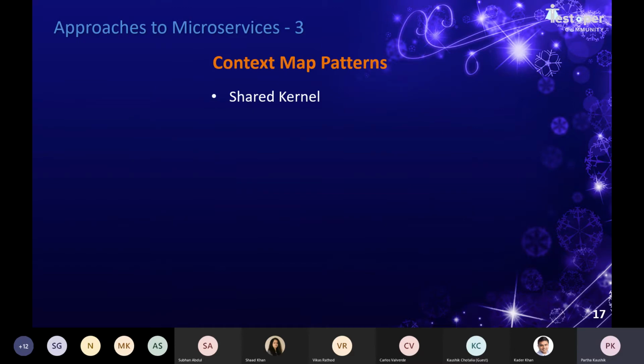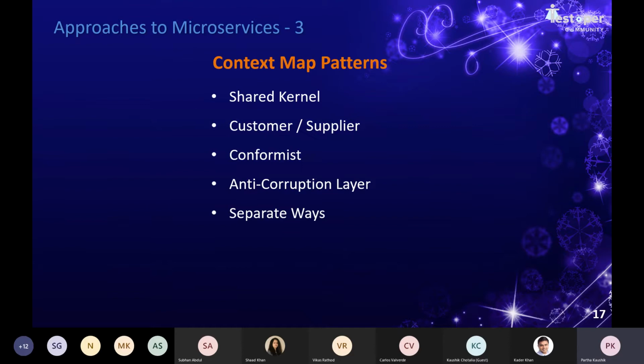So there are some patterns that have been recognized. We again see the anti-corruption layer that we saw in the Azure slides. These are things that you need to understand. What is a shared kernel? You could have two different microservices reading or writing from the same database.